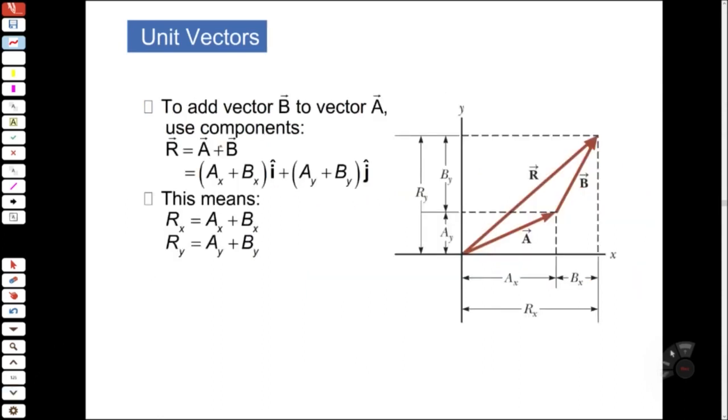You can sum two vectors A and B in component form. So A has Ax I, Ay J, B has Bx I, By J, and the sum of these two has components Ax plus Bx and Ay plus By. Graphically you can see clearly here Ax, Ay, Bx and By, and R has Rx, which is the sum of these two, and Ry, the sum of these two.